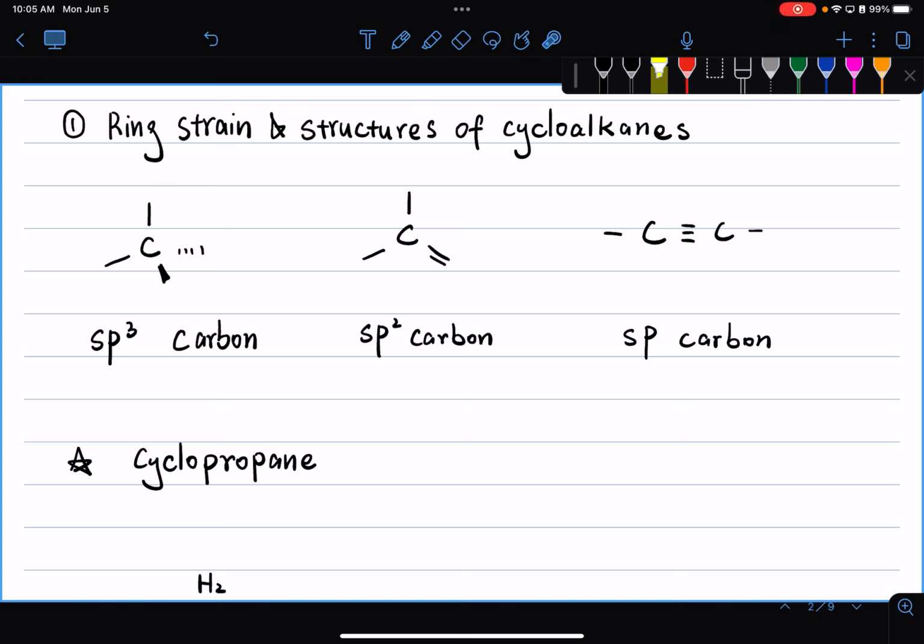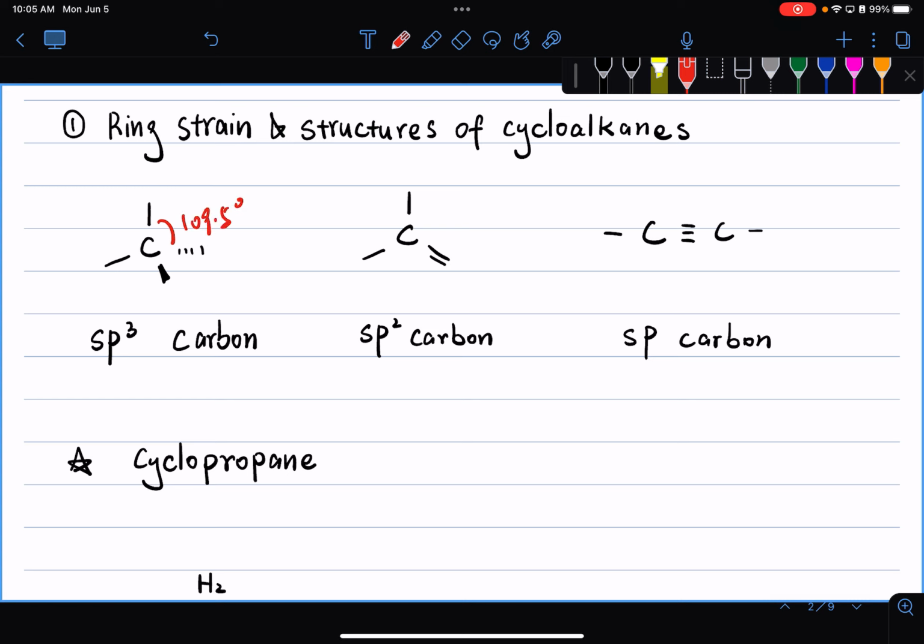Your carbon center is likely to be an sp3 carbon center. What is the bond angle in that sp3 carbon? Anyone remember it? It's tetrahedral, so the bond angle between chemical bonds is expected to be around 109.5 degrees.